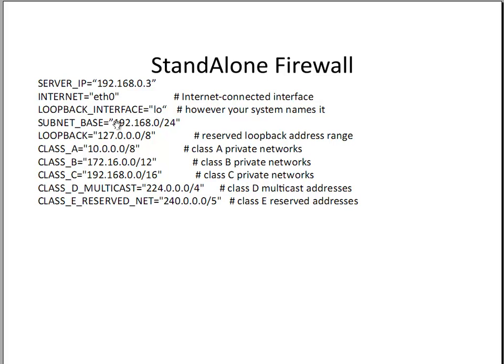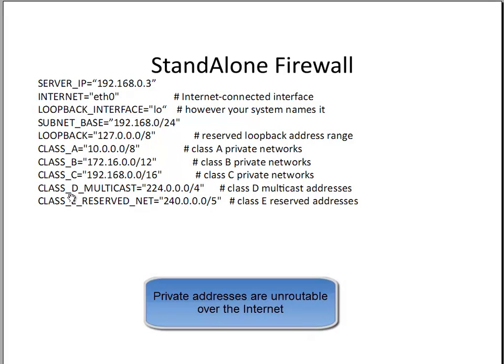Here we're referring to our actual network, so the subnet base is 192.168.0.0/24. Notice that our loopback is going to be our typical loopback interface network in CIDR notation. And notice here we've also got private networks, class A, B, C, D, and E. Why would we identify private network addresses?